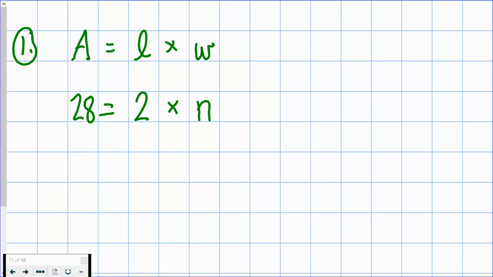So let's think, how can we use this formula to help us solve? Well, to figure out this missing number, we have to use the inverse operation. The opposite operation of multiplication is division. So the way that we're really going to solve this is to solve 28 divided by 2.